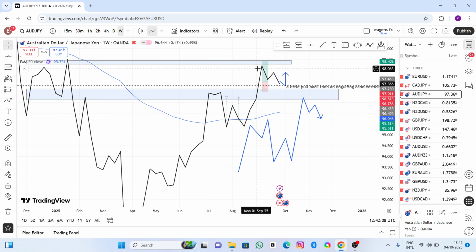This is the low, this is the high, and then the market did not break below here or above here.